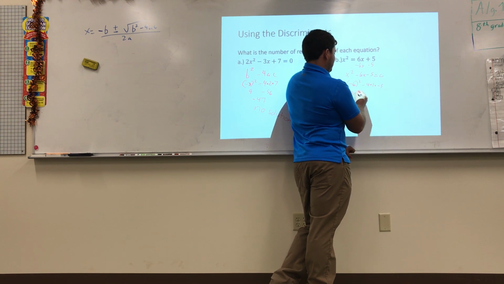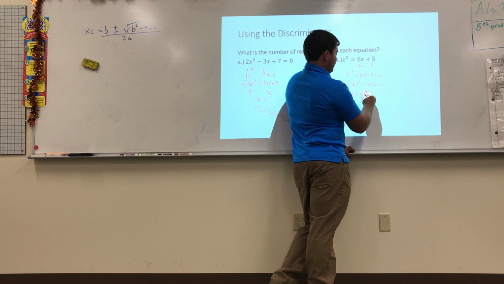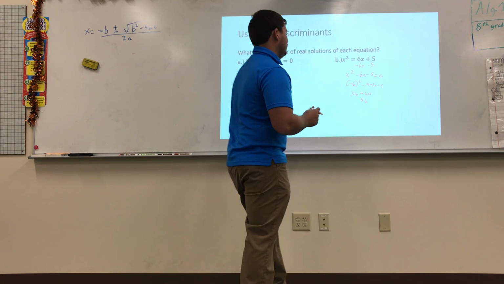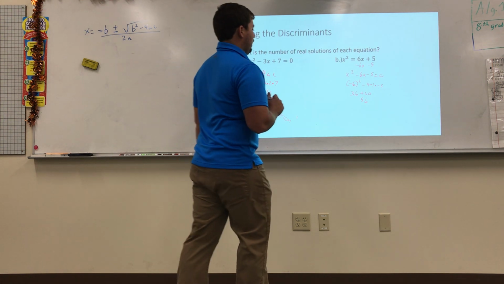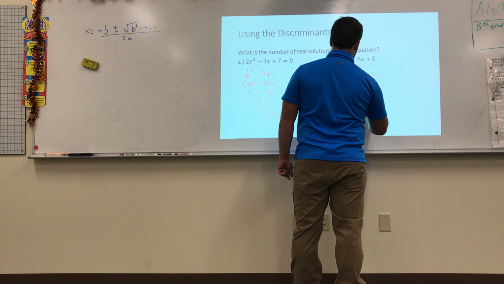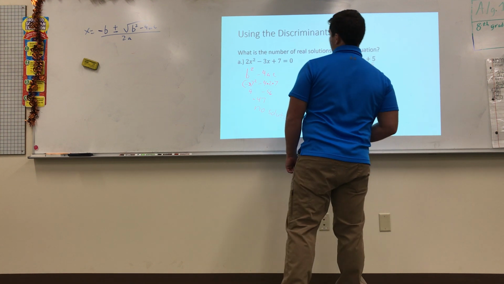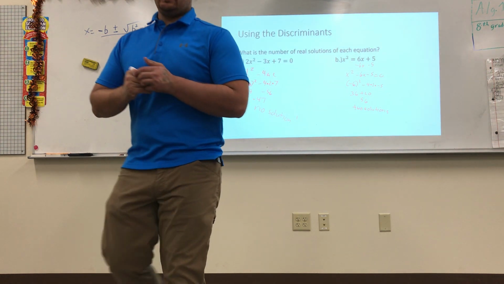We're going to get 36, and negative 4 times negative 5 is going to get plus 20. So we're going to get 56. 56 is greater than 0, so we're going to get 2 solutions. Okay, that's all you do on those.